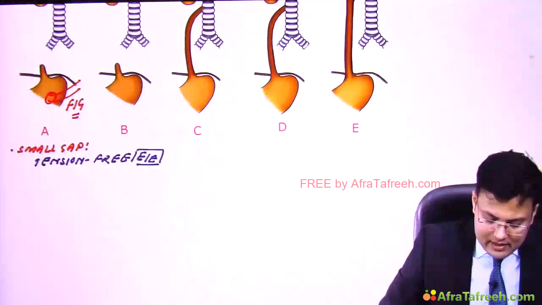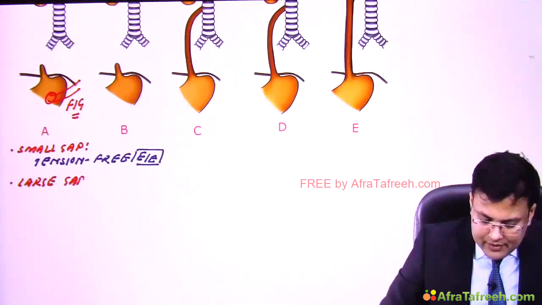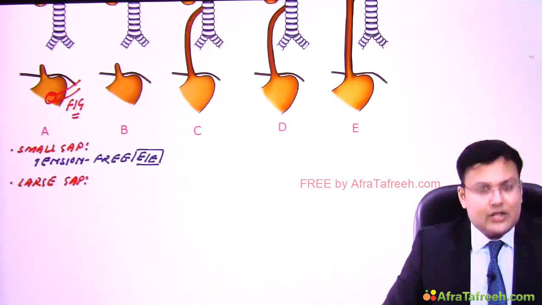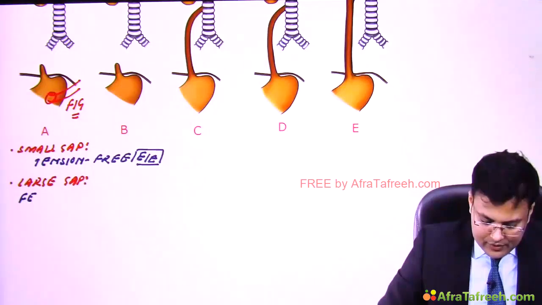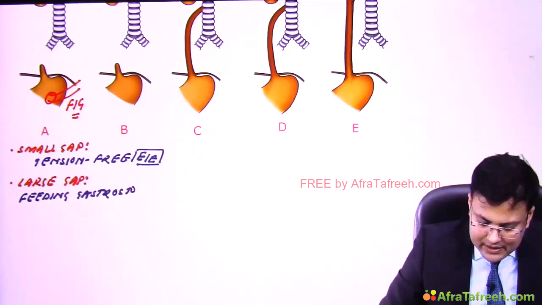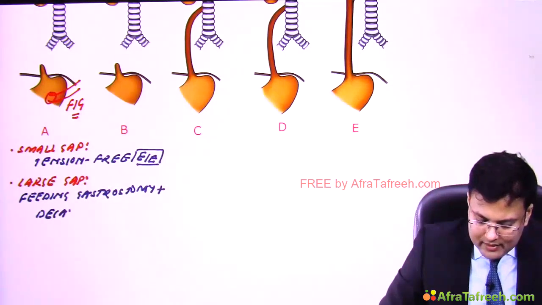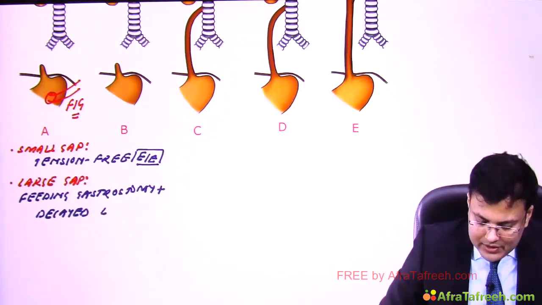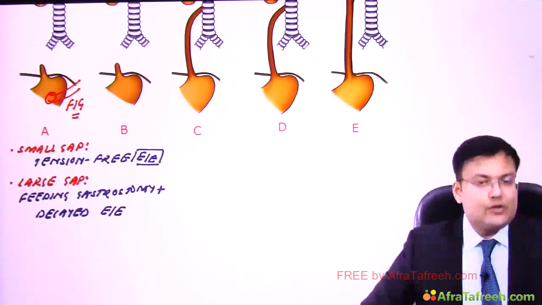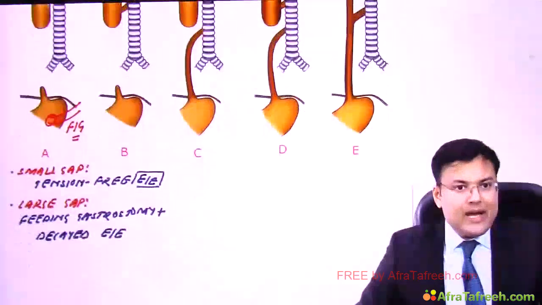And if there is a large gap, first we go for feeding gastrostomy, and after that we go for delayed tension-free esophagostomy. This is for type A.